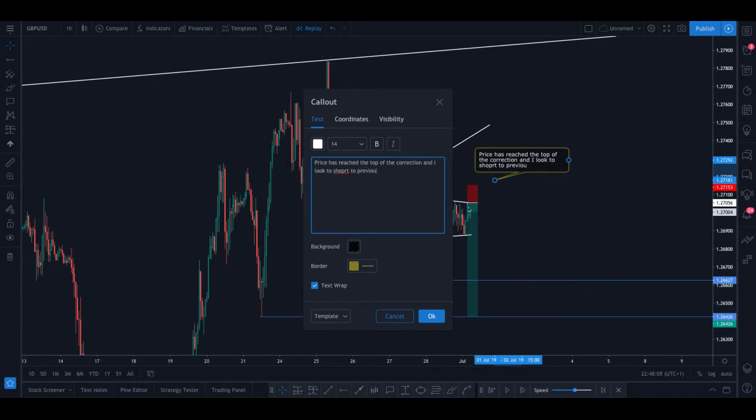The previous levels of value, previous levels of structure, and where my spelling's atrocious, but we'll fix that.